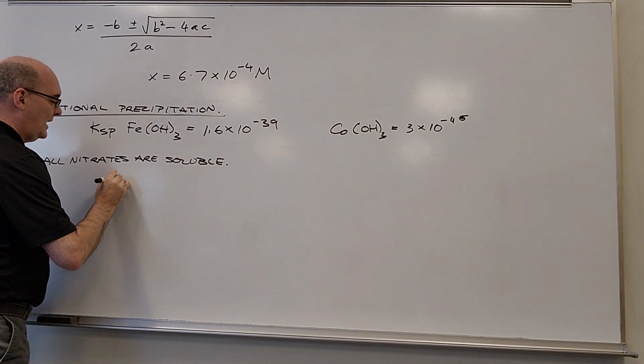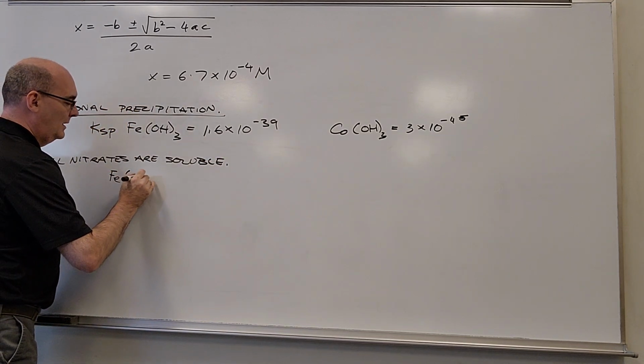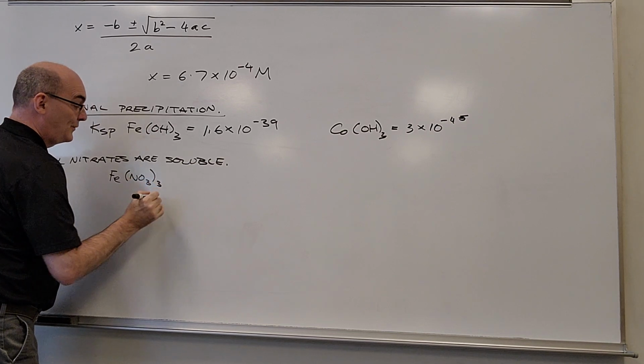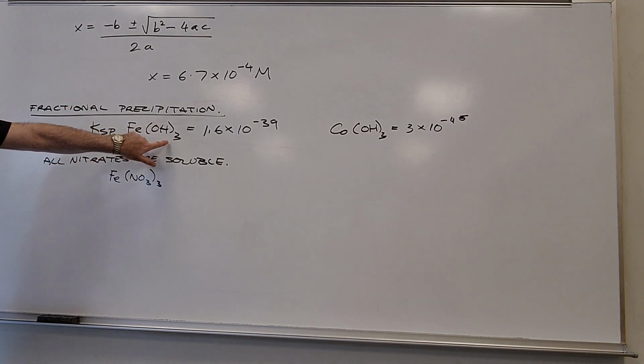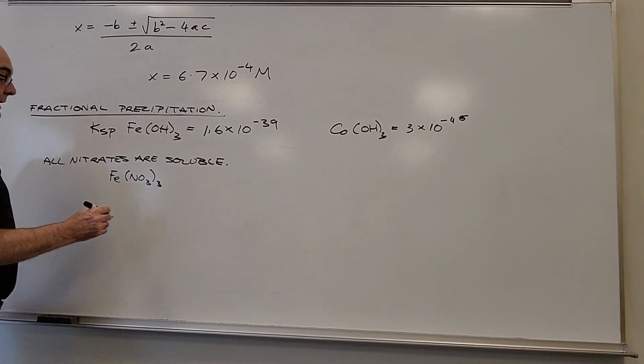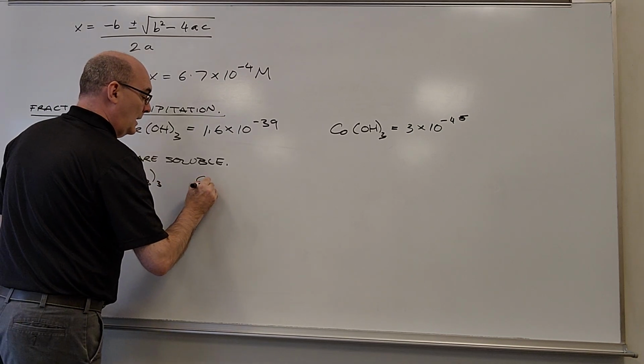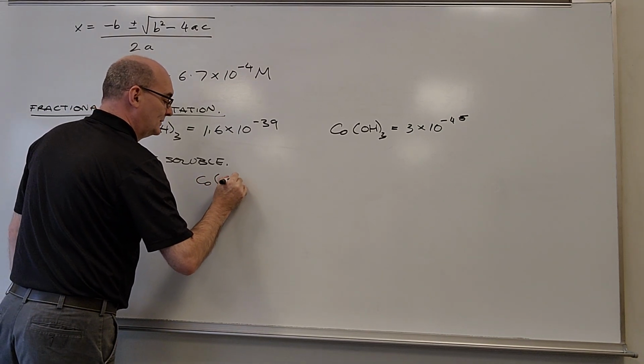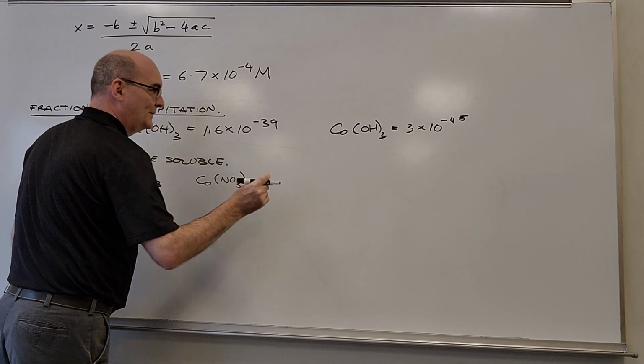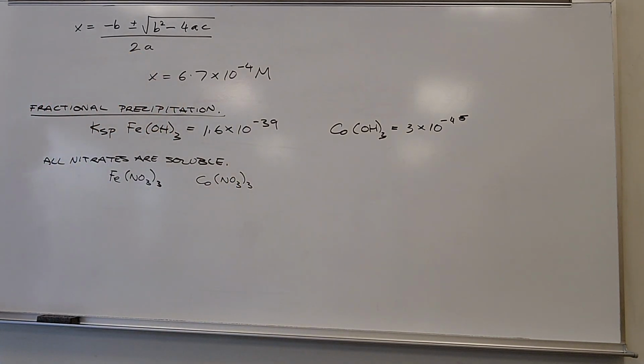So if I have a solution of iron 3 nitrate, we're establishing that the question is about cobalt 3 and iron 3. Hydroxide is an OH minus, just 1 anion. If I have iron nitrate and cobalt nitrate, they are guaranteed to be soluble in water.